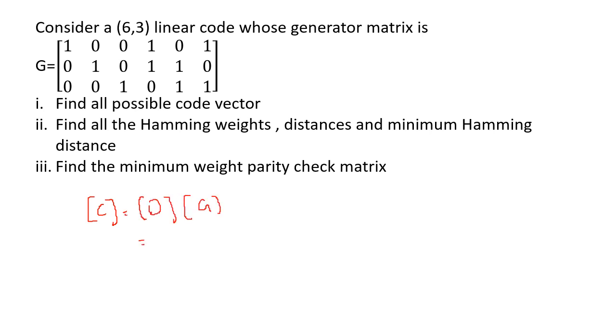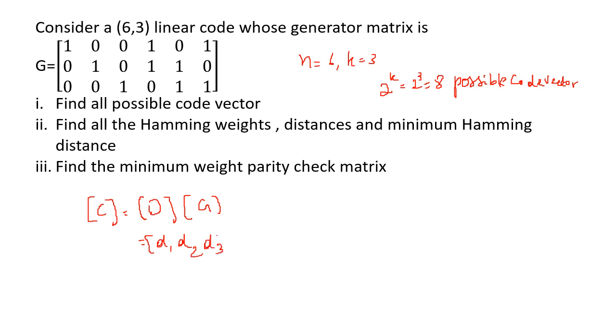Since it is (6,3), n is equal to 6 here and k is equal to 3. So we get 2 to the power of k, which is 2 to the power of 3, that is 8 possible code vectors. The messages are 3 bits in size, so we can write them as D1, D2, D3.